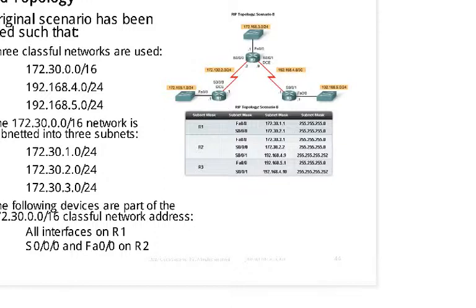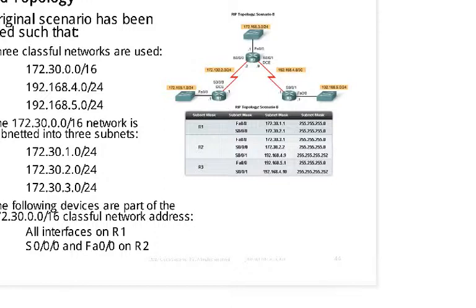B, right? So 172 is class B, and 192 is class C. So this network is now using multiple network addresses in two different classes. So it's not as homogeneous as the first example.